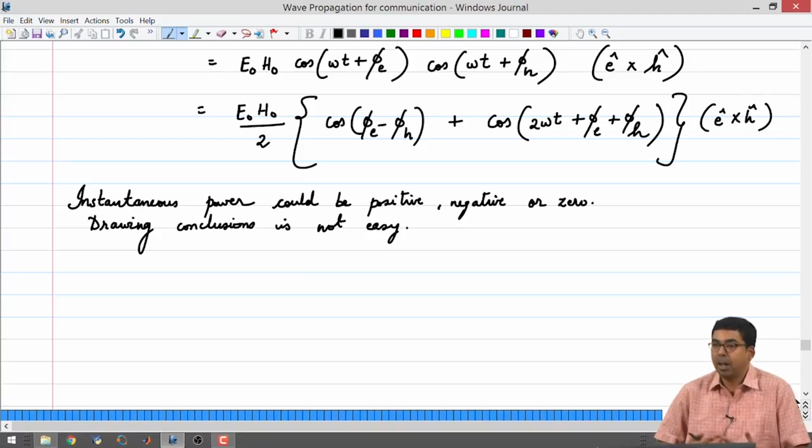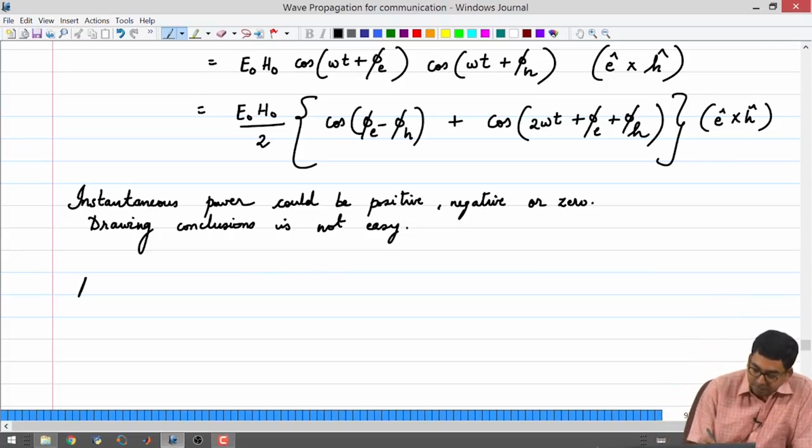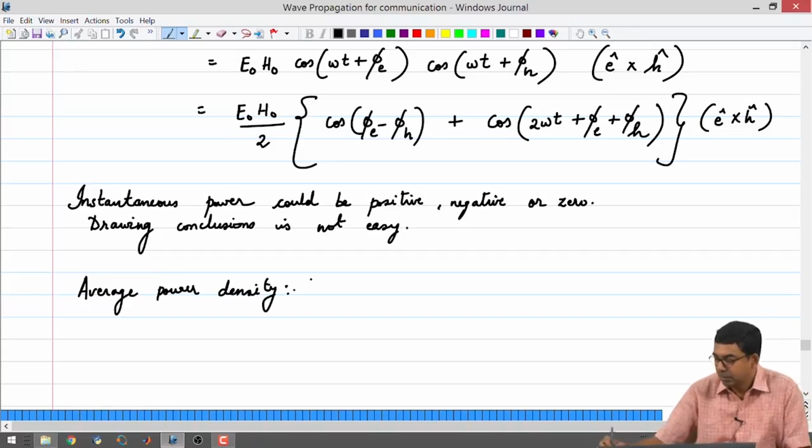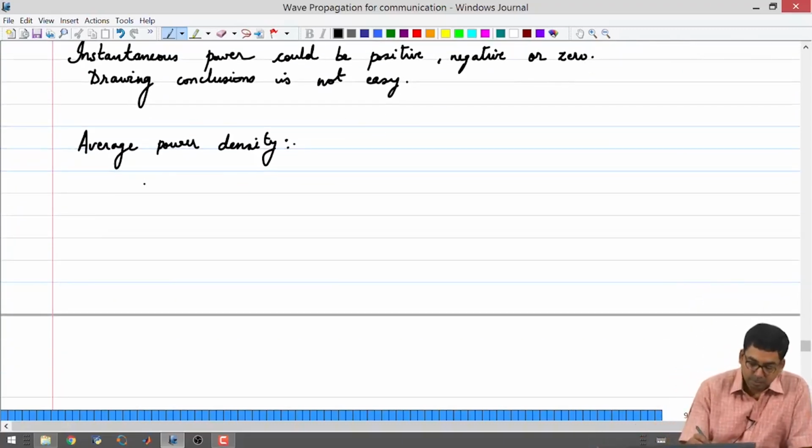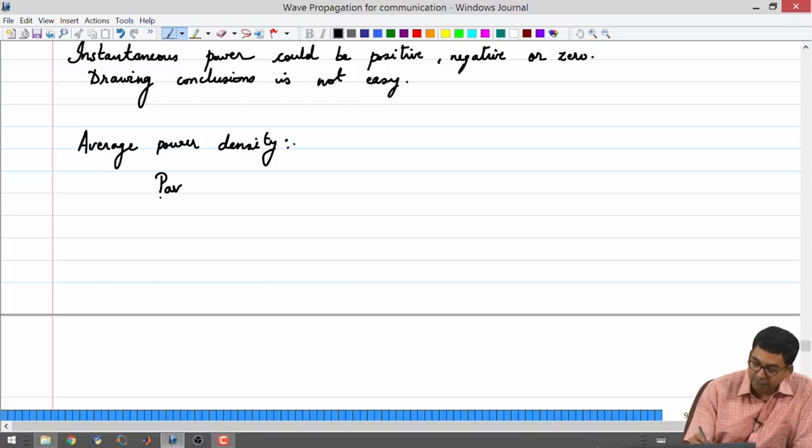So, you will be having average power in your electric circuits. Similarly, you are having average power density over here.